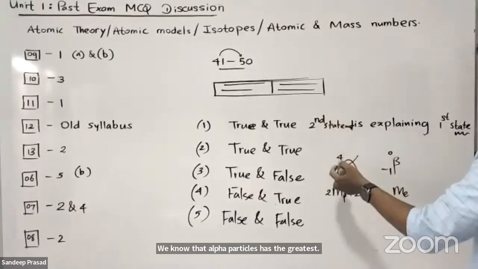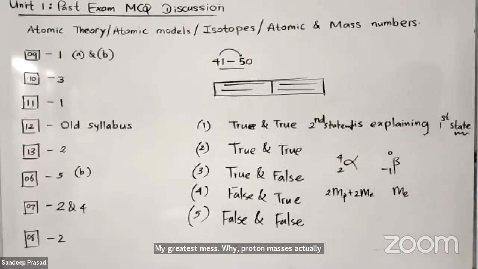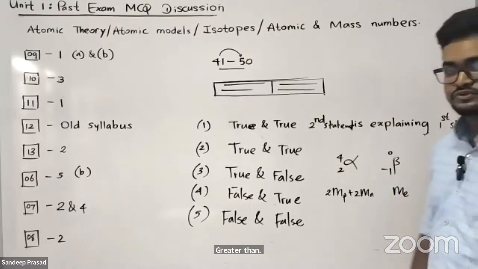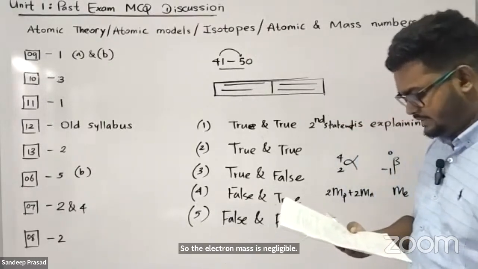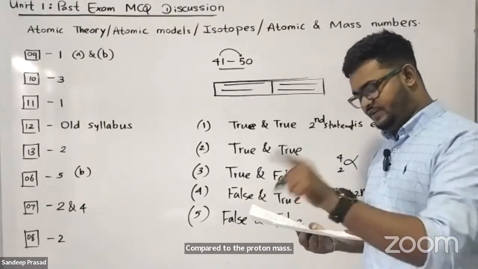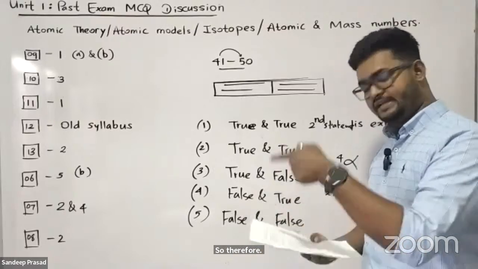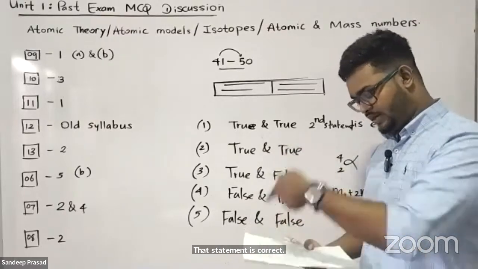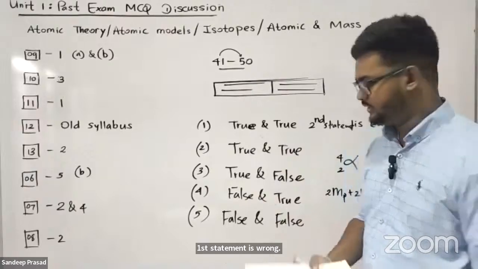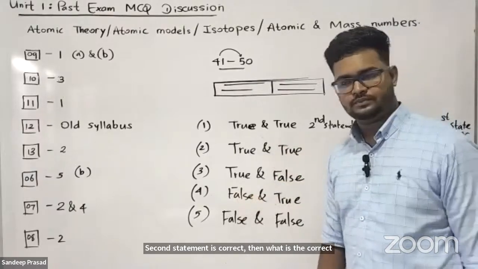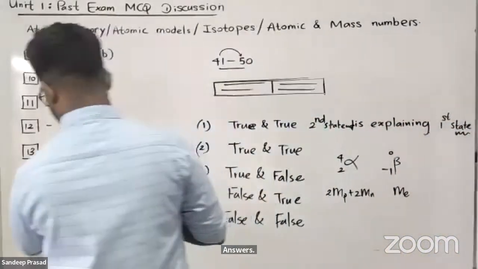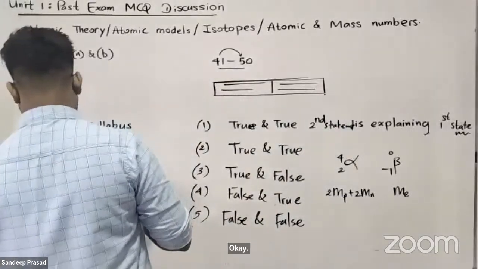Proton and neutron mass is greater than electron mass. The electron mass is negligible compared to the proton mass and neutron mass. So that statement is correct. First statement is wrong, second statement is correct. Then what is the correct option for question number 14? Answer is number 4.